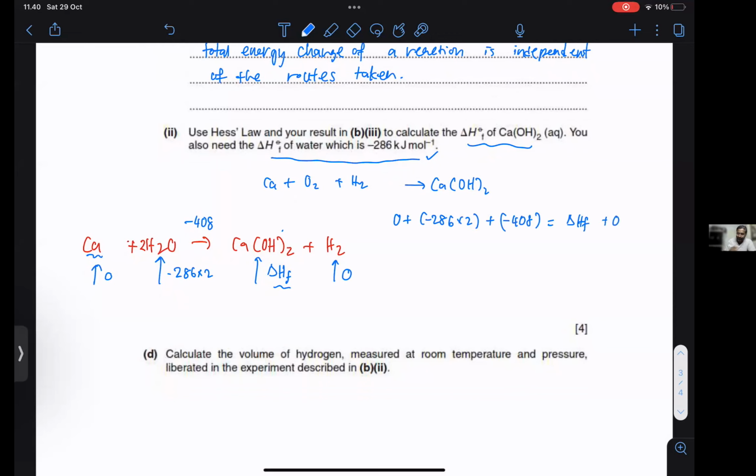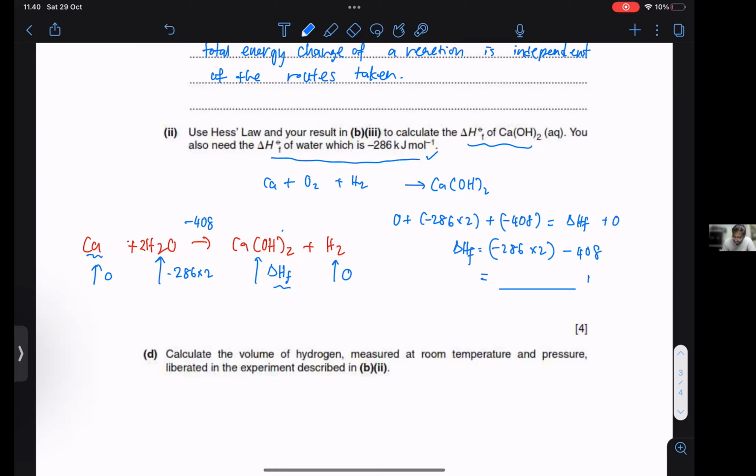Formation of what? Calcium hydroxide. So I want to find the enthalpy change of formation. The answer will be negative 286 times 2 minus 408. You calculate and you will get the answer.